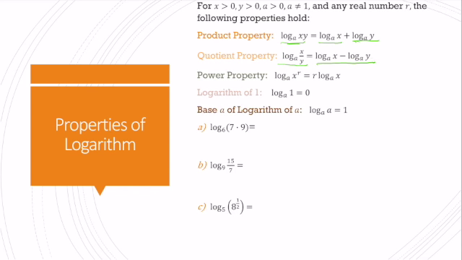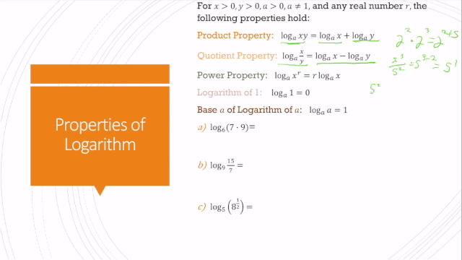Because when we were working with exponents, when we multiplied them together, we would add their exponents, and the answer to logarithms is the exponent power. When we were dividing exponents, we would subtract. Like if I had 5 cubed over 5 squared, that'd be 5 to the 3 minus 2, which is 5 to the 1st.